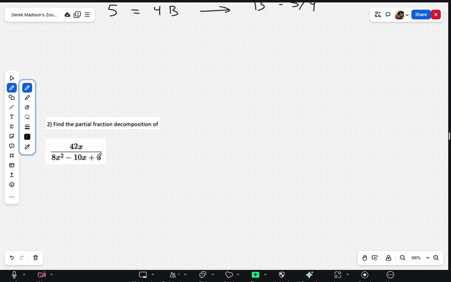We would go a times c, and we would get 24 in that case, and then we need two numbers that multiply to be a times c, 24, and add to be -10. So that's going to be -4 and -6, because they multiply to be positive 24 and add to be -10.